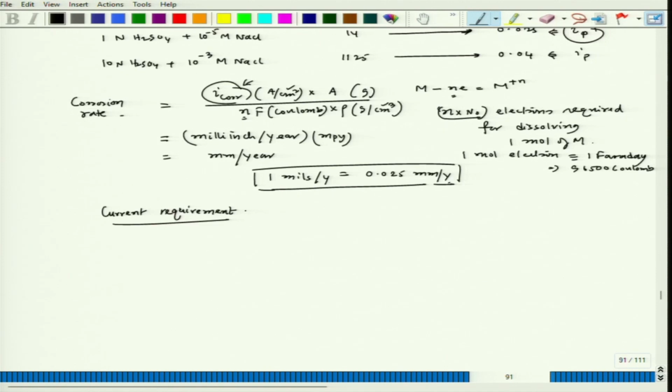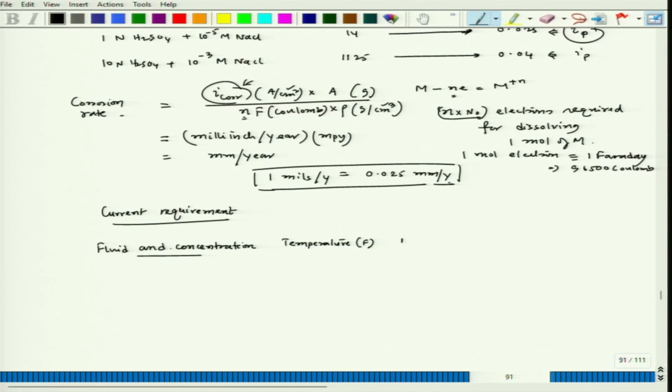Now, if we talk about current requirement in case of anodic protection, let us say if we talk about fluid, this data is taken from the book Corrosion Engineering by Fontana and Green. So, fluid and concentration, then temperature, which is mentioned in terms of Fahrenheit.